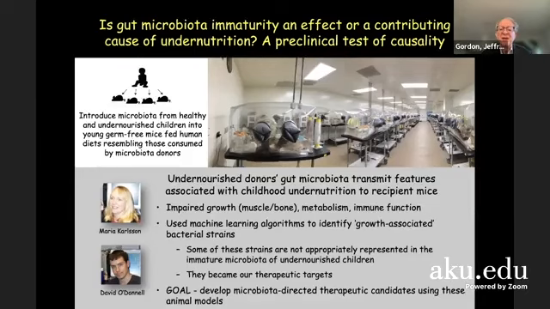That was done. These organisms, it turns out, were not appropriately represented in the developing communities of children with growth faltering, and they became our therapeutic targets. So, representative, we hoped, preclinical model as a platform for identifying therapeutic targets.